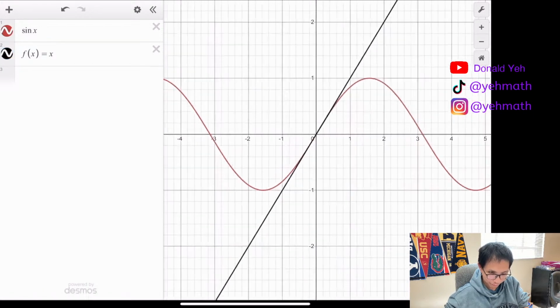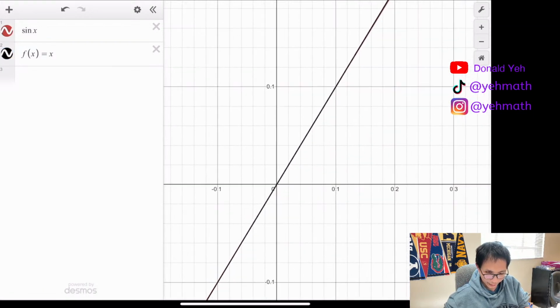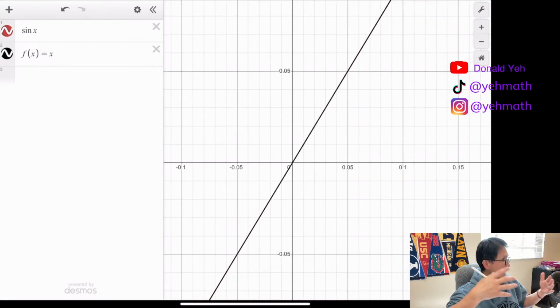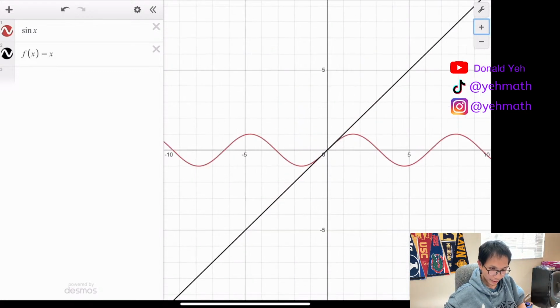Do you see that middle region here? They are just on top of one another. They're exactly identical if you're going from negative 0.05 to positive 0.05. The output is almost identical because at that particular part it's a straight line.